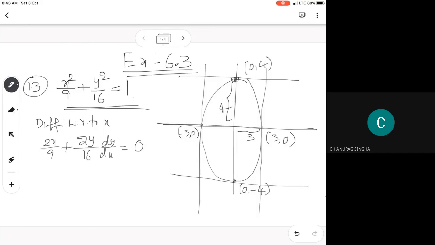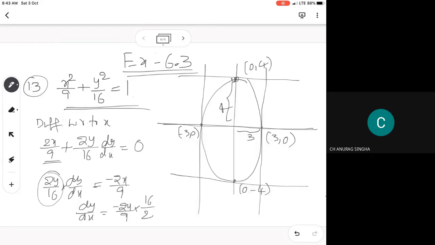From this, you take the 2x by 9 to the right side: 2y by 16 into dy by dx is equal to minus 2x by 9. Then take the 2y by 16 to the right side. So you get dy by dx is equal to minus 2x by 9 into 16 by 2y.